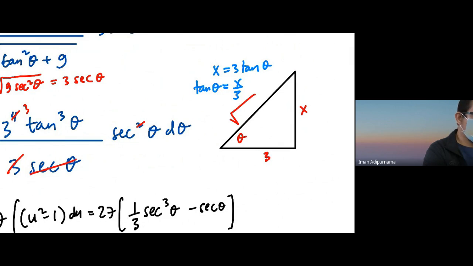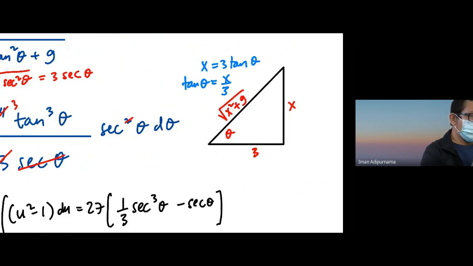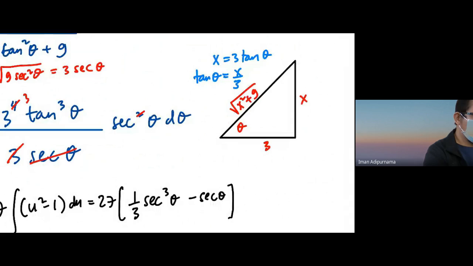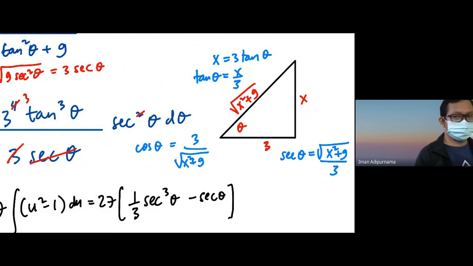Then this will be the square root of x squared plus 9. Now from here, we get cos theta is 3 over this, so the secant is the square root of x squared plus 9 over 3.